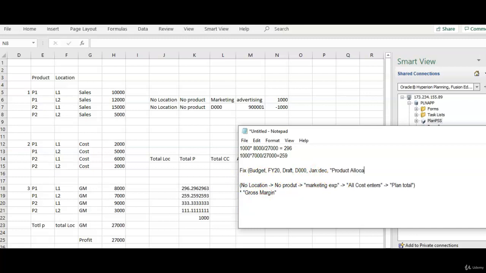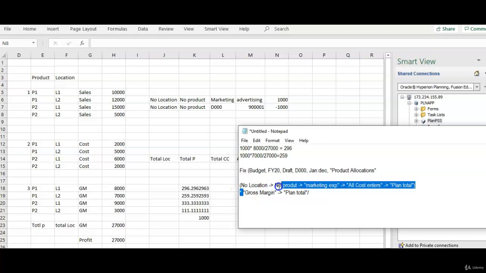Product allocations is the data source member. Because I have mentioned product allocation member here, I need to clearly tell from what other member of data source I need to get the source or driver. So what is the driver combination of gross margin, plan total?